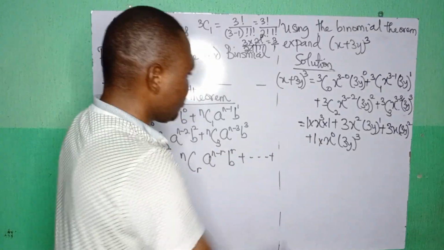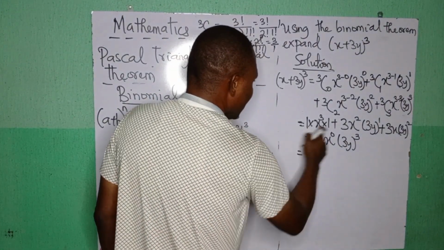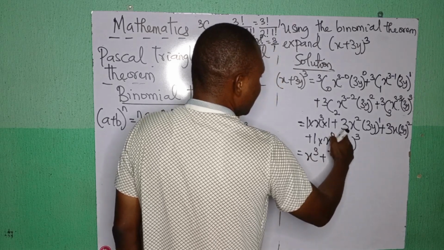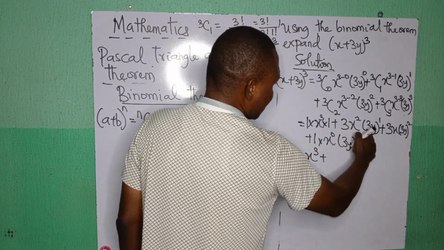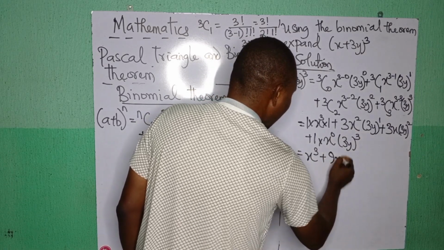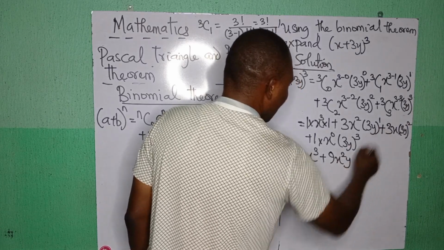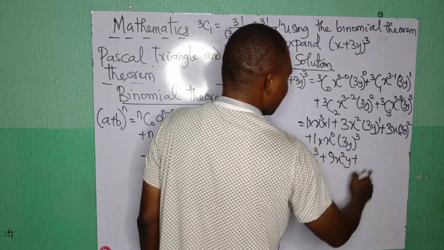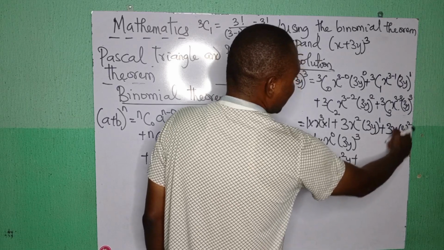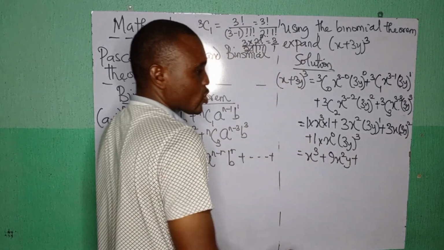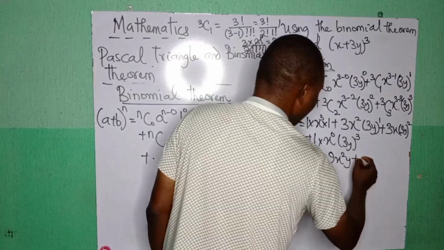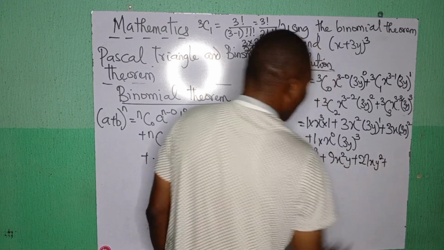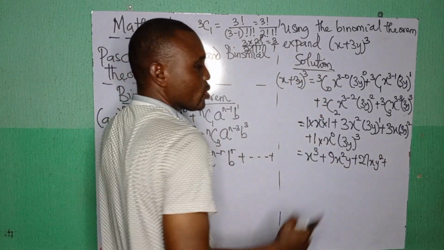Now let's continue. So 1 times x cubed will give us x cubed, plus 3 times 3x squared times 3y will give us 9x squared y. Plus, if we come back here, it is 3x. 3y raised to the power 2 is 9y squared. So 9y squared times 3x will give us 27xy squared, plus x raised to the power 0 is 1.